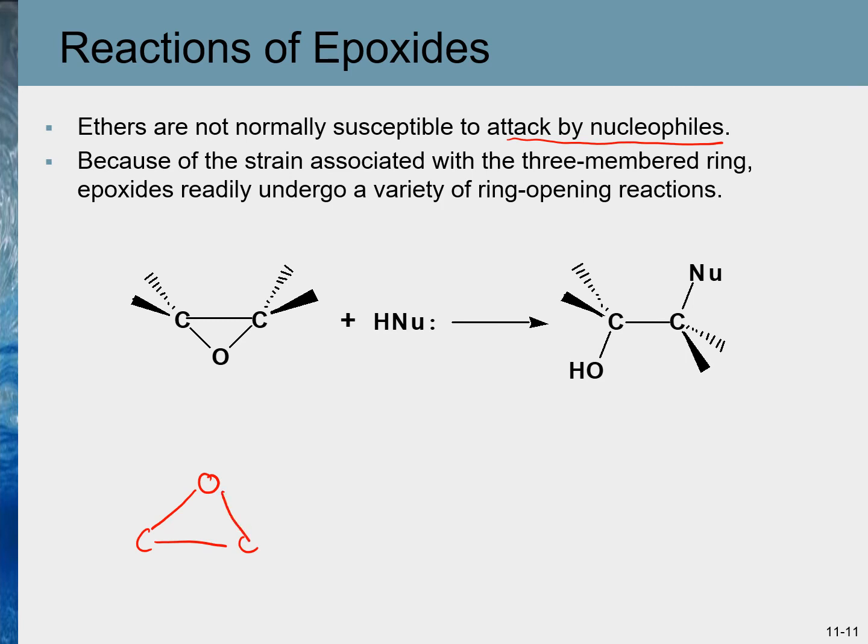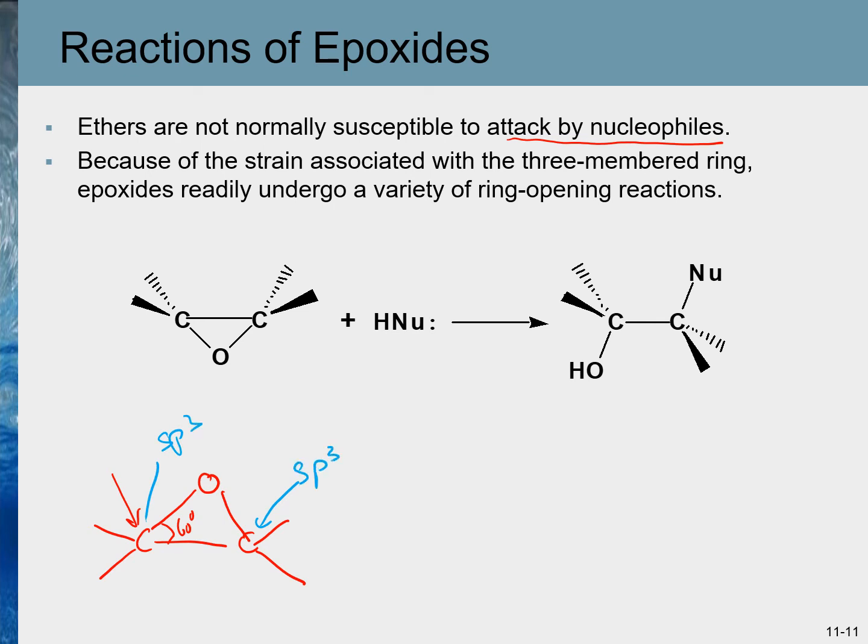In case of these three-membered cyclic ring structures, we know that in a triangle, the angles are 60 degrees. So that means this carbon atom has a bond angle of about 60 degrees. But we also know that both of these carbons are sp3 hybridized.